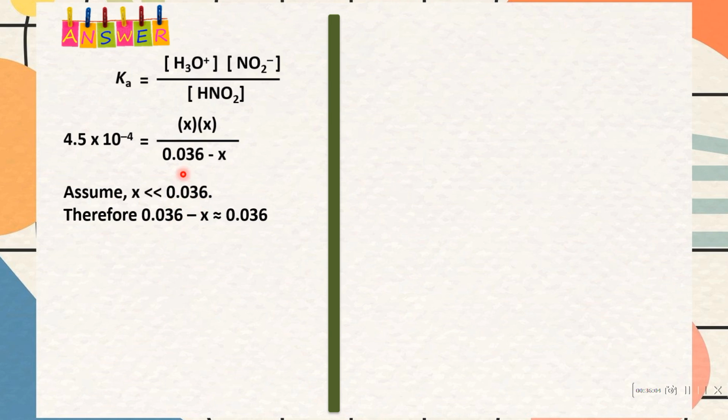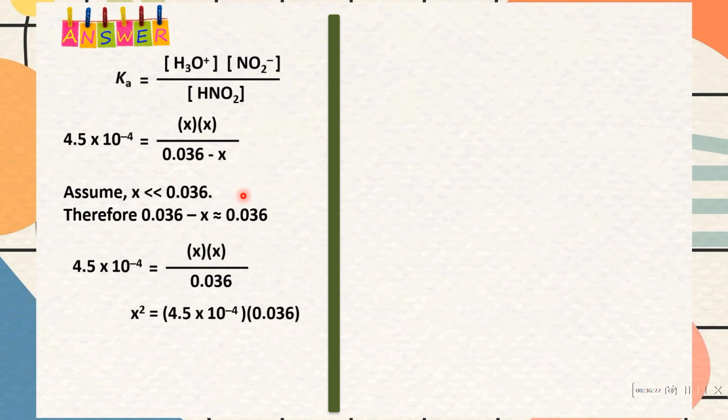So we can assume that 0.036 minus X is approximately 0.036. Then substitute, and you get X squared equals 4.5 times 10 power negative 4 times 0.036, and we get the value of X here, 4.025 times 10 power negative 3.